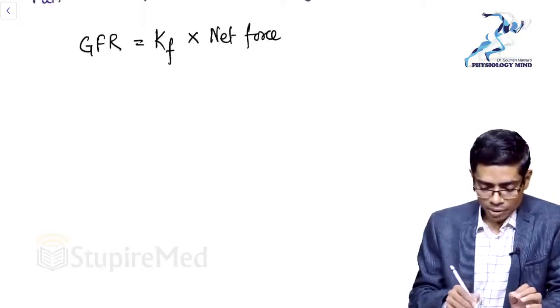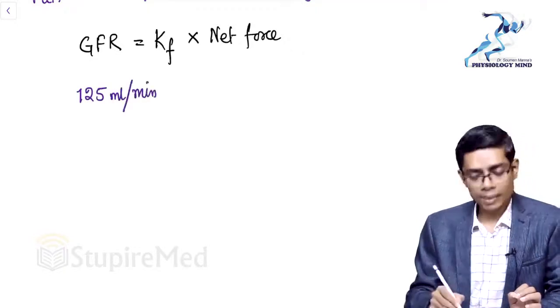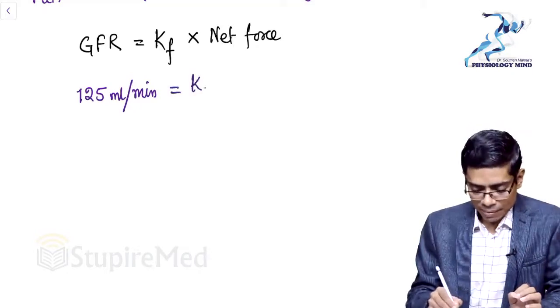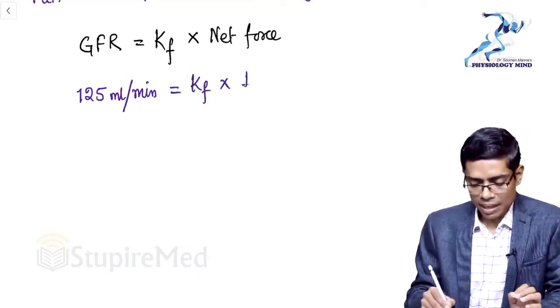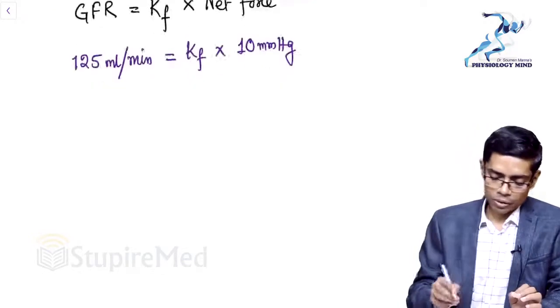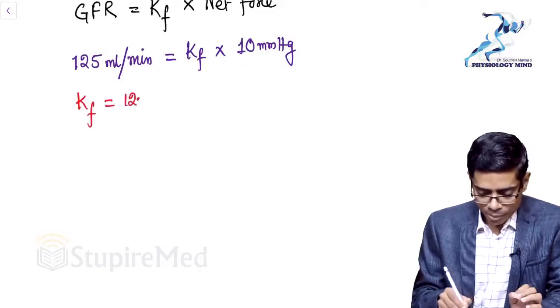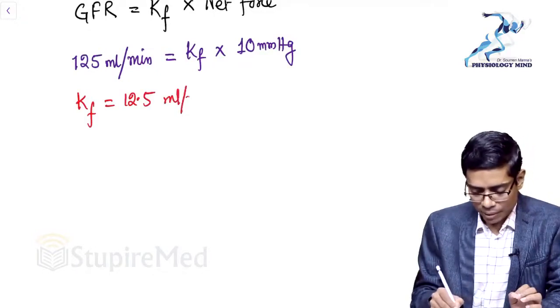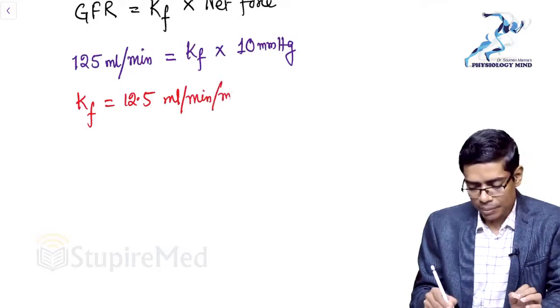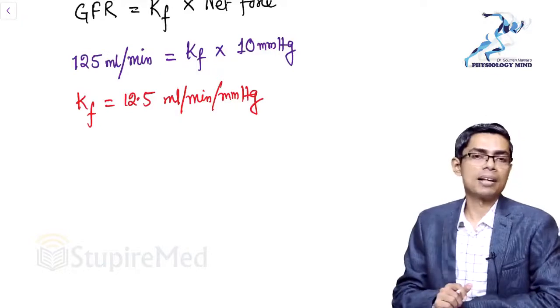Normal GFR, all of us know, is 125 ml per minute, equal to Kf multiplied by the net force. How much is that? 10 millimeter of mercury. So this Kf has a value of 12.5 ml per minute per millimeter of mercury. Again Guyton. This has already been asked in an MCQ.